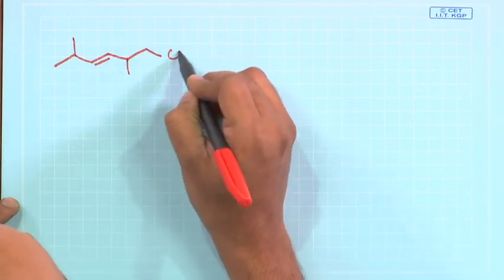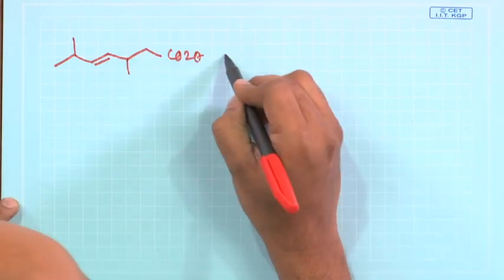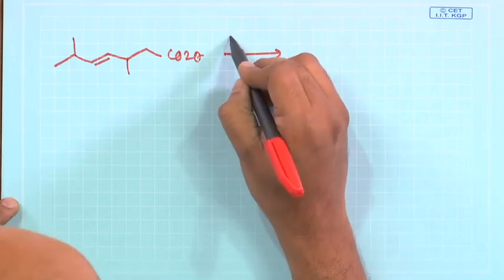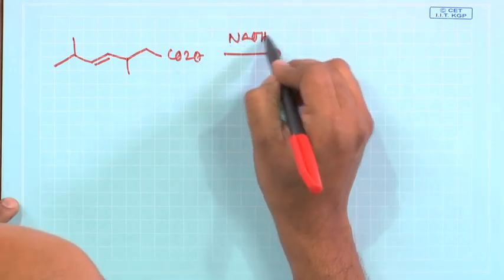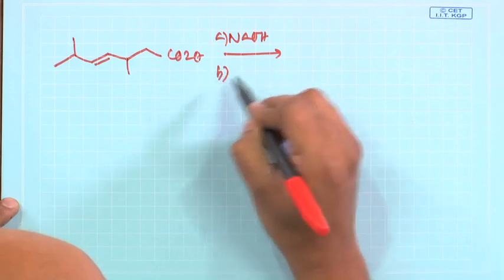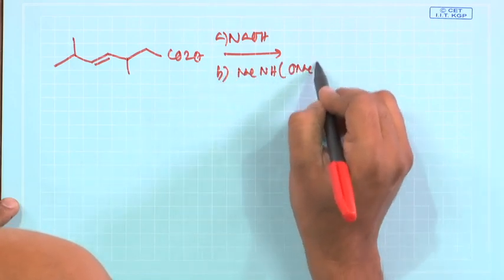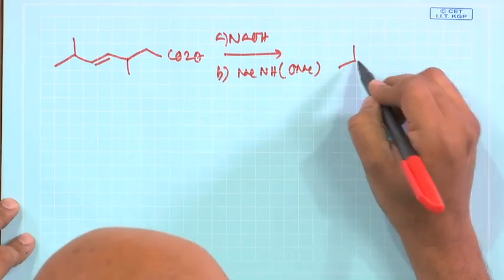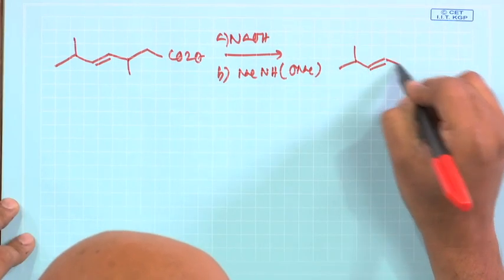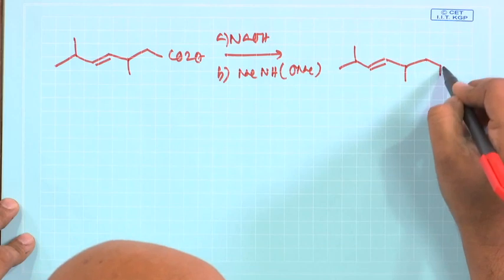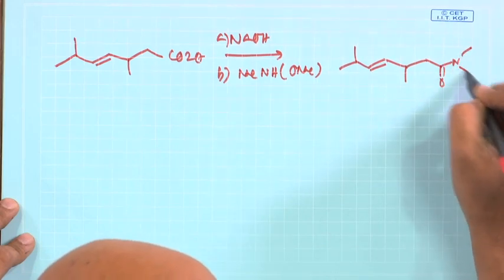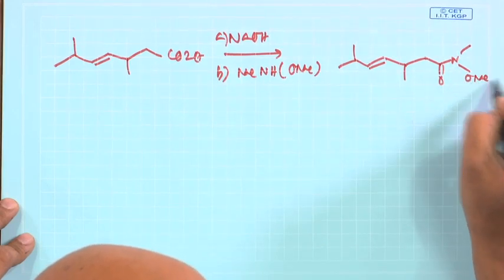So, coming to the original problem we were discussing, after the Johnson Claisen step you get the corresponding carboxylic acid. You hydrolyze the ester with a base and react with this N,O-dimethylhydroxylamine, the Weinreb amine, and you will get the corresponding Weinreb amide.